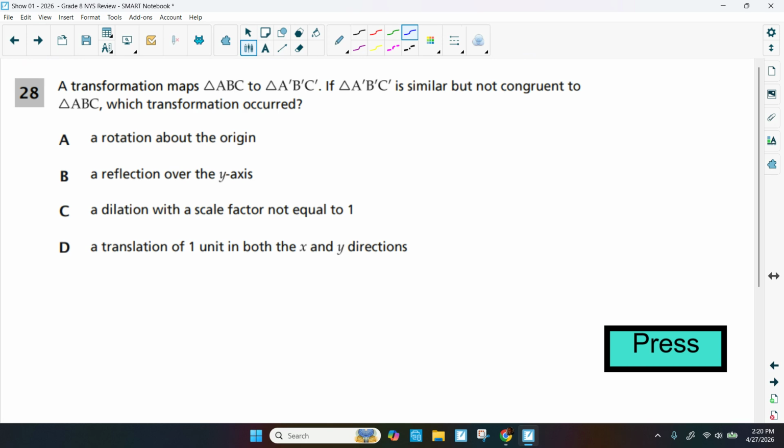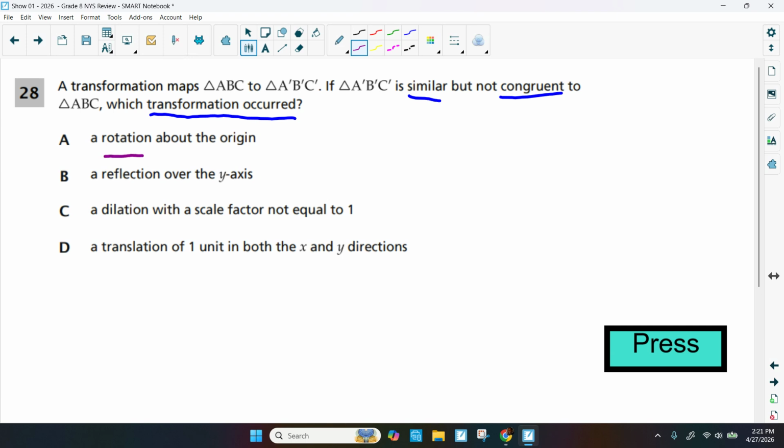If A prime, B prime, C prime is similar but not congruent, that means not equal to, you can't put it on top of it because it is not the same. So it's a different triangle now to triangle ABC. They want to know which transformation occurred. So it's been changed somehow. Well, let's look what we got.